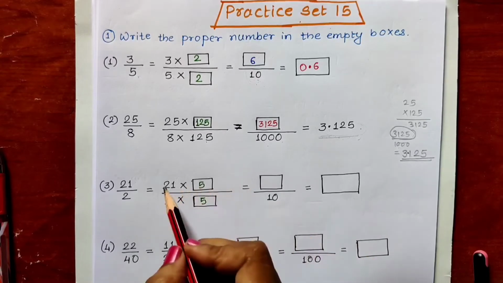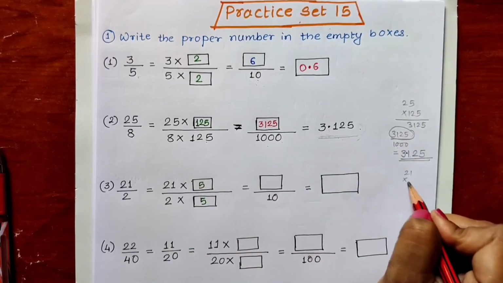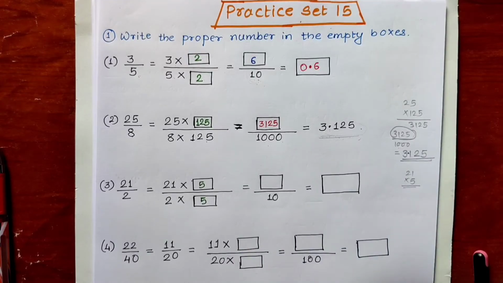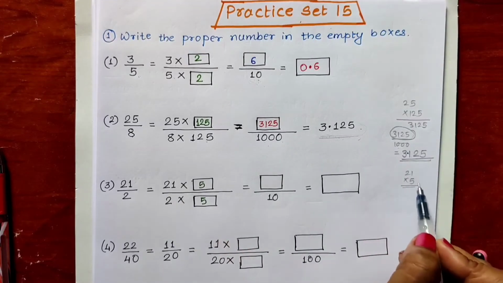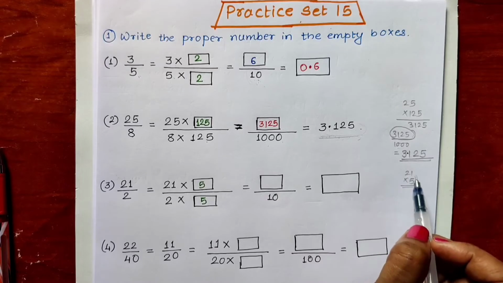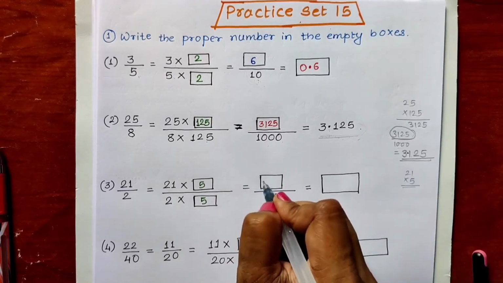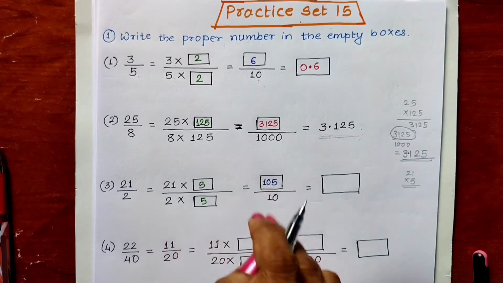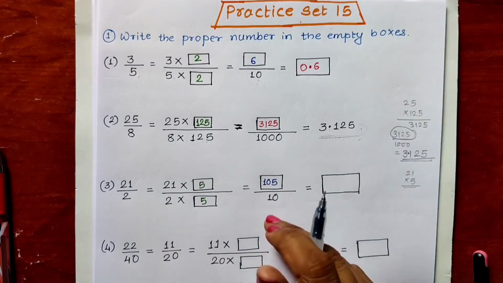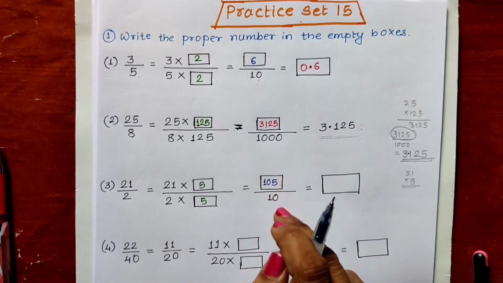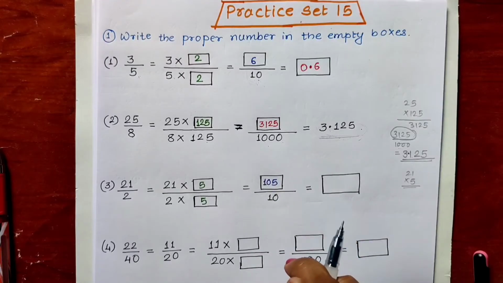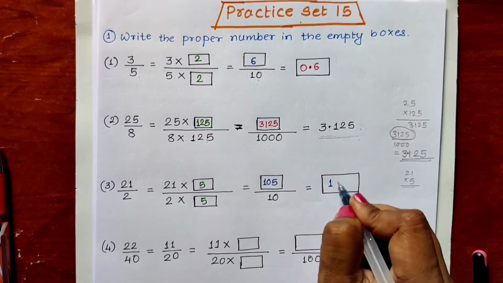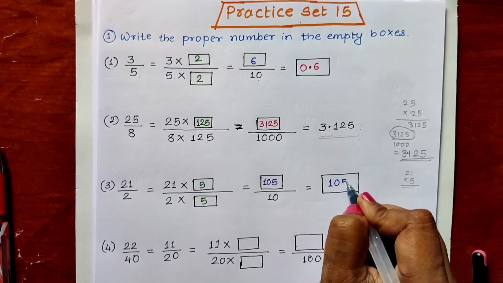So for this you will have to do the multiplication 21 into 5. If you know the table of 21, it becomes very easy. 21 5s are, what is the answer? 105. Okay, 105 upon 10 is the answer. Now we have to convert this number 105 upon 10 into a decimal fraction. So what should be done? Write this number 105 as it is, 105.